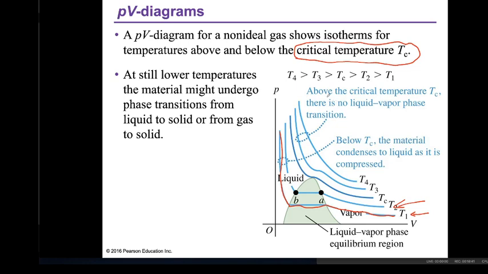Okay, so above the critical temperature, there's no liquid-vapor phase transition, and below the critical temperature, the material condenses to liquid as it is compressed. Okay, you might be confused by what the critical temperature is. Please do a search and you will learn that. So generally speaking, in short, when the temperature is getting higher and higher, at some temperature, it reaches the critical temperature.